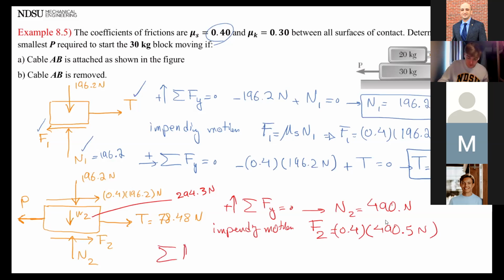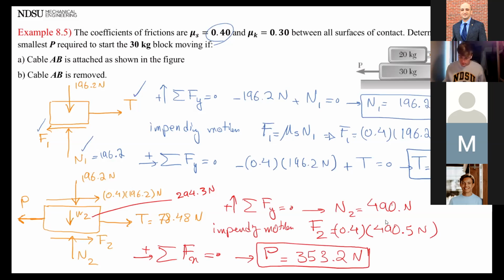So summation of forces in X equals 0 will give me my force P of, how much is it? 353.2 newtons. Okay. So I needed both free body diagrams.